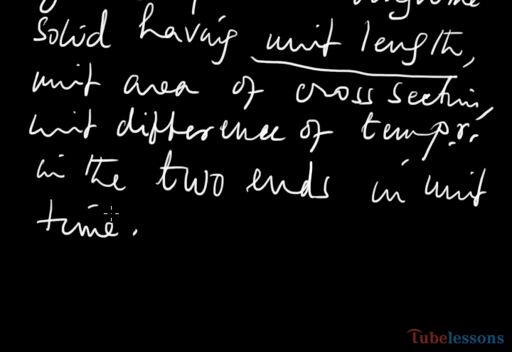So, the quantity of heat conducted through a solid having unit length and unit area of cross section and unit difference of temperature in the two ends in unit time is called conductivity or coefficient of conductivity of the solid.